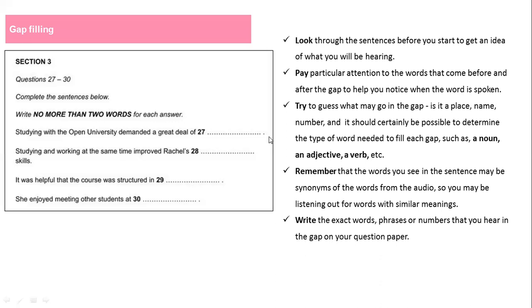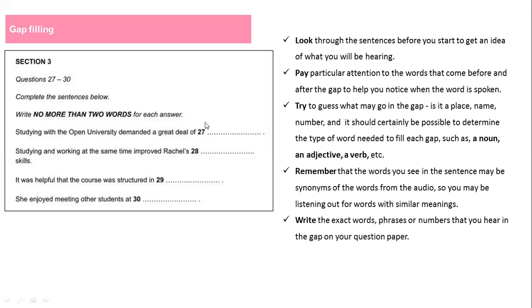Remember that the words you see in this sentence may be synonyms of the words from the audio. So you may be listening out for words with similar meanings. And then, don't forget, you have to write the exact words, phrases, or numbers that you hear in the gap on your question paper.